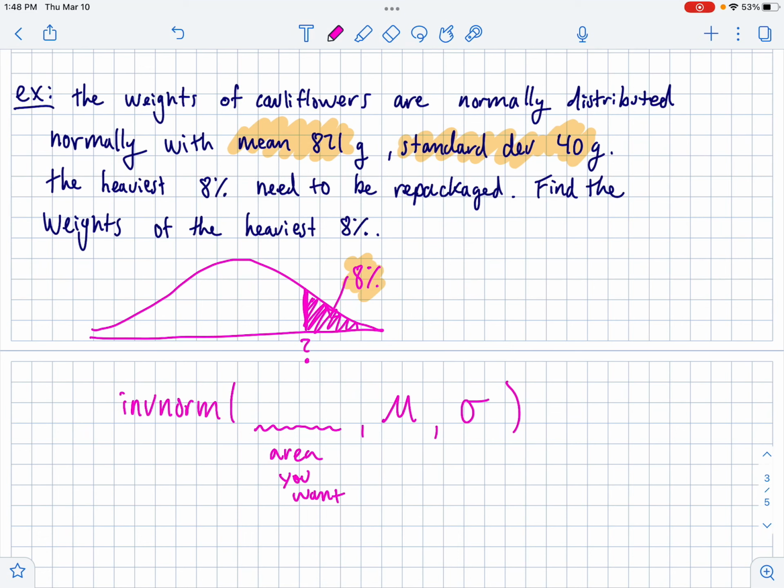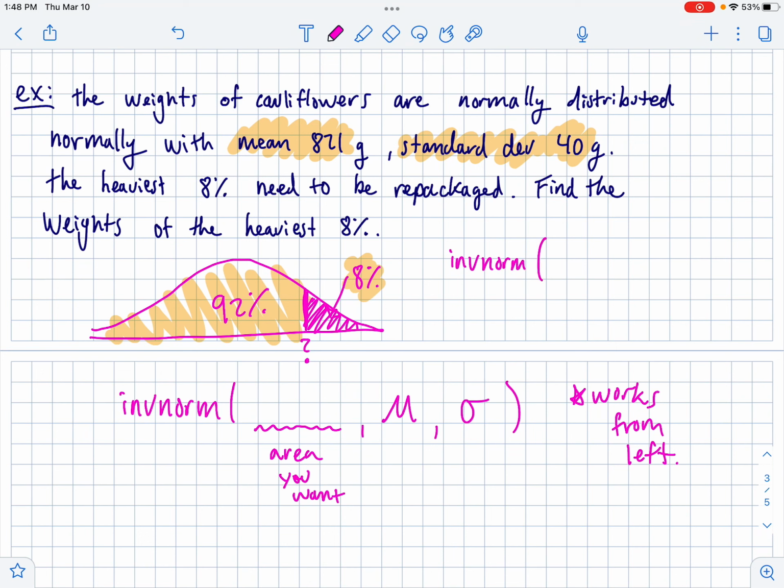Also, invnorm always works from the left, just like binom CDF and normal CDF. So if we want the top 8%, we actually need to plug in the bottom 92%.